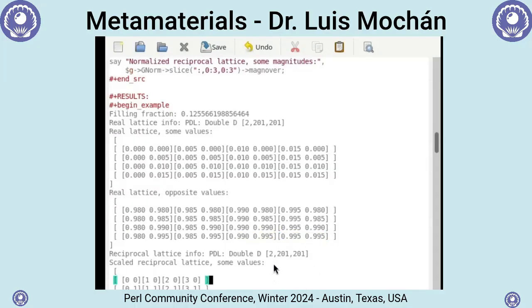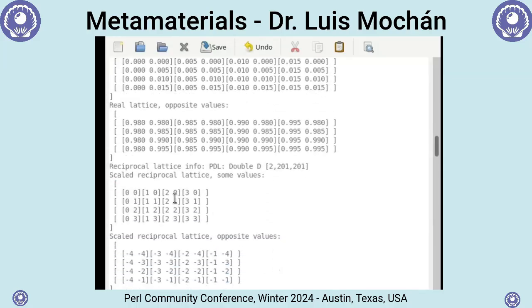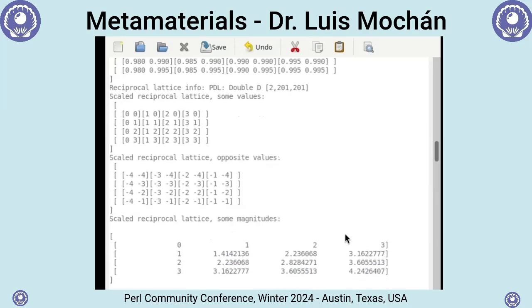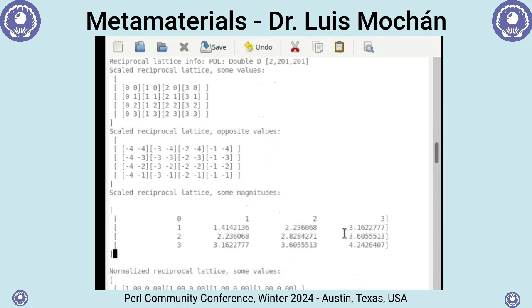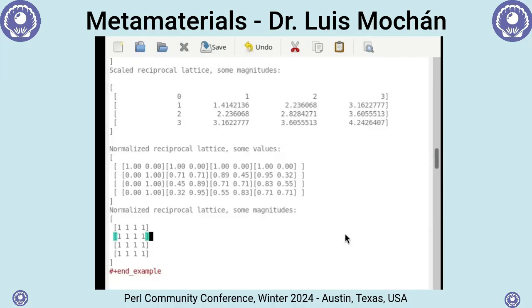The reciprocal lattice starts at 0. If I go to the opposite side, it has negative numbers. This has to do with the fast Fourier transform and the conventional way it uses the wave vectors. Okay, so this is the normalized reciprocal lattice, and the magnitudes, of course, are 1.